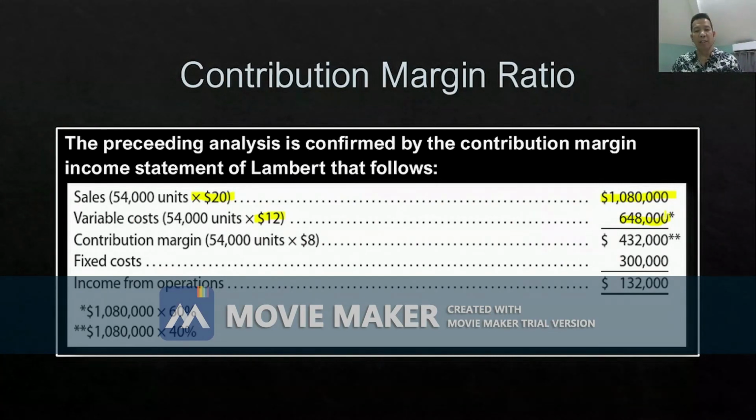The contribution margin is $1,080,000 less $648,000, a total of $432,000. We then list the fixed cost of Lambert amounting to $300,000. So the total income from operation is $132,000.